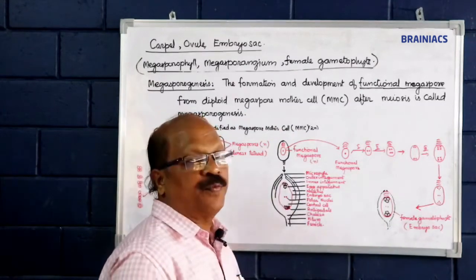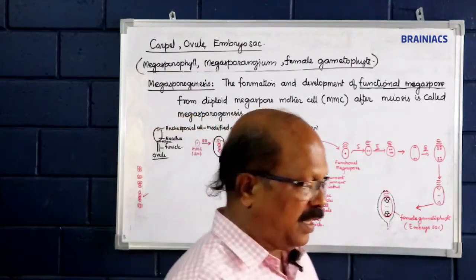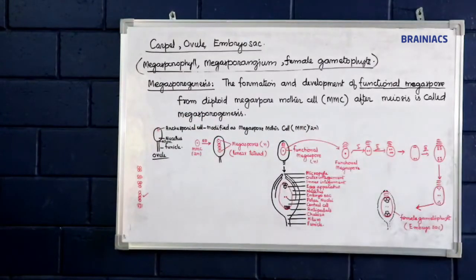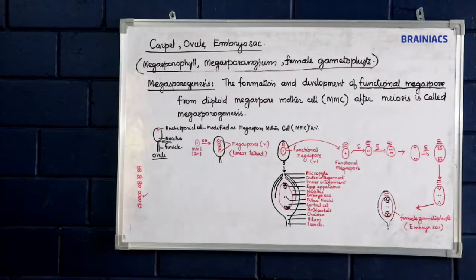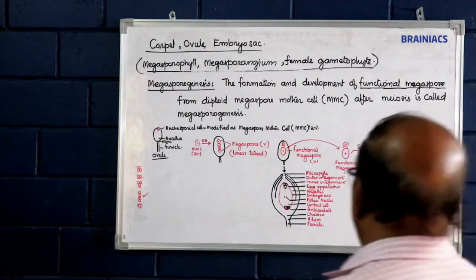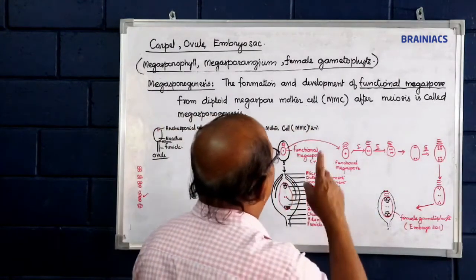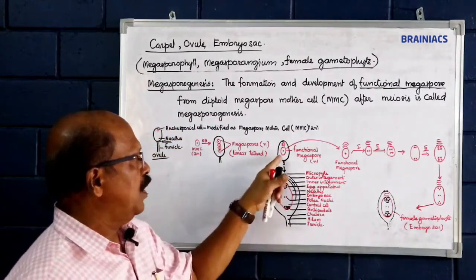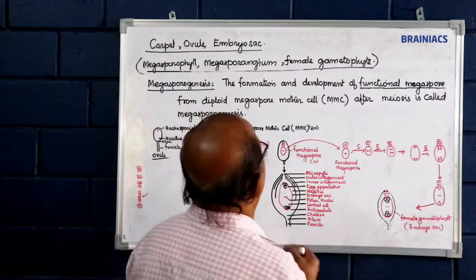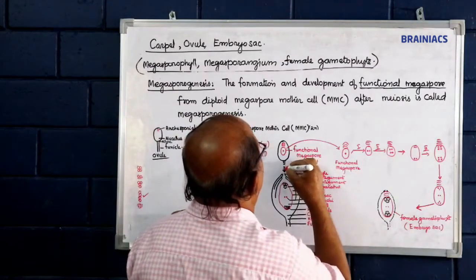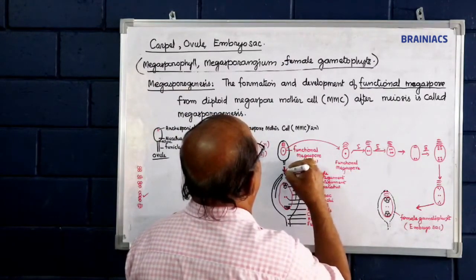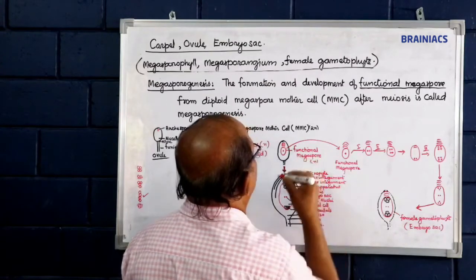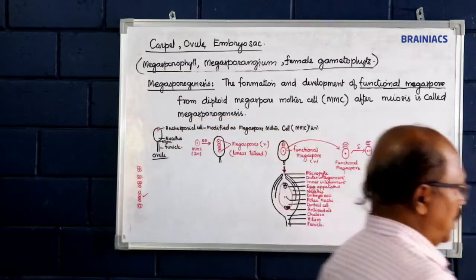These are the parts of a typical ovule. So we know this ovule becomes this.